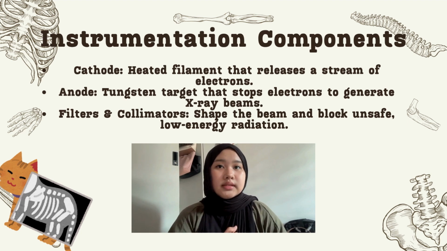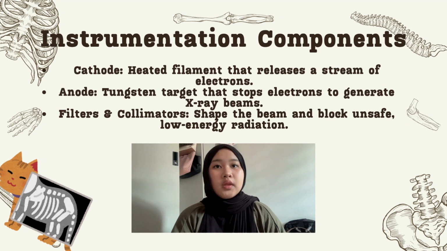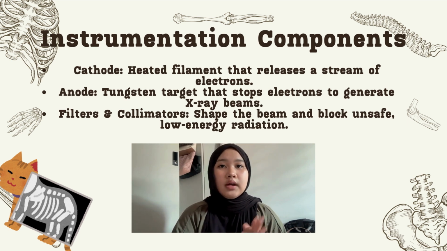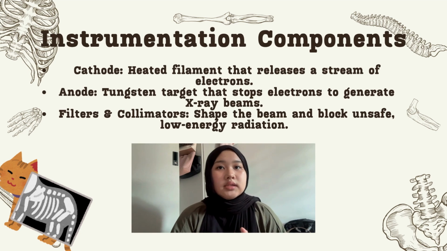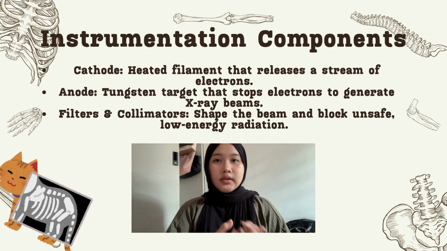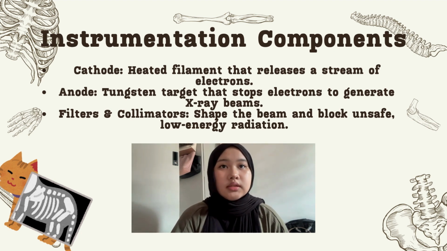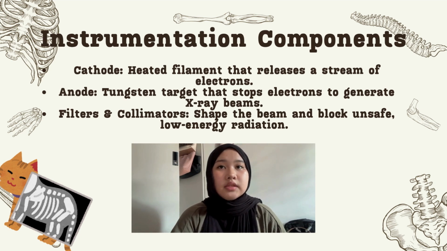Directly opposite to this is the anode, which acts as our target material, usually made of heavy tungsten due to its high melting point. To make the electrons move, a high voltage power supply creates a massive potential difference between the cathode and anode. This accelerates the electrons across the vacuum tube at incredible speeds.